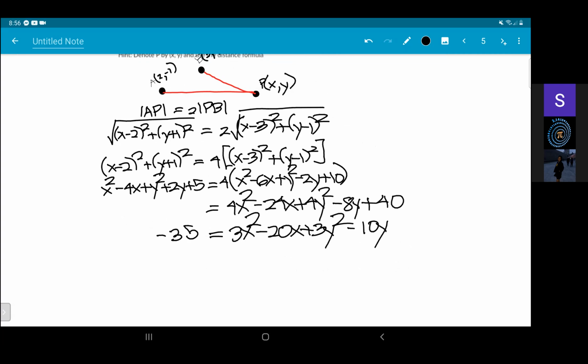So far, I don't see any error. Now we have to complete the squares. This becomes ugly. Okay. We divide everything by 3.